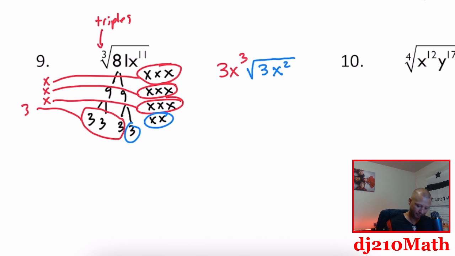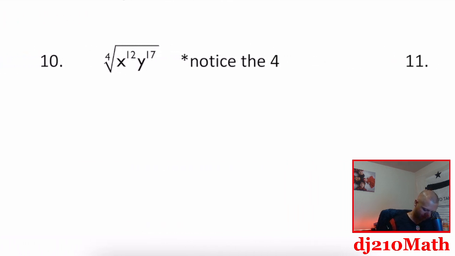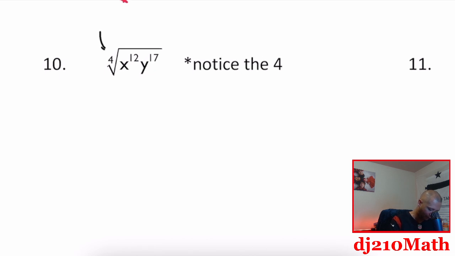It's kind of fun, right? Here we have a fourth root. So we're pulling out things in sets of fours. How many sets of fours are in 12? That's the question.